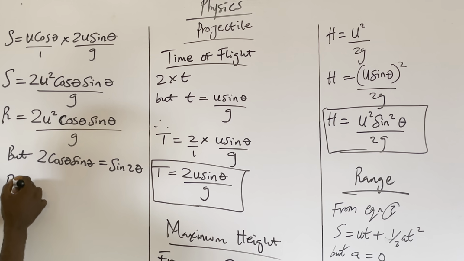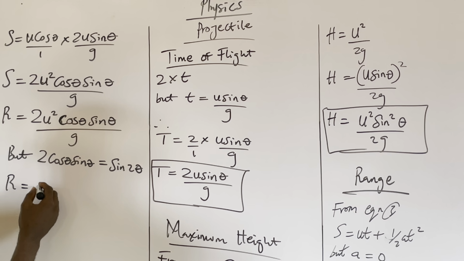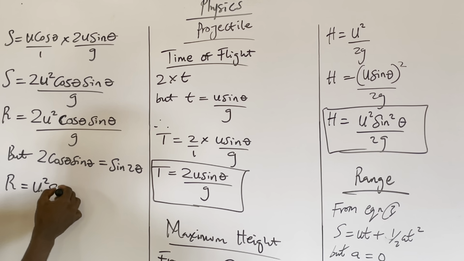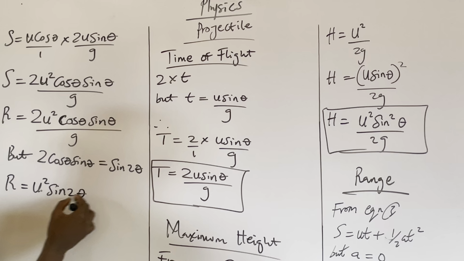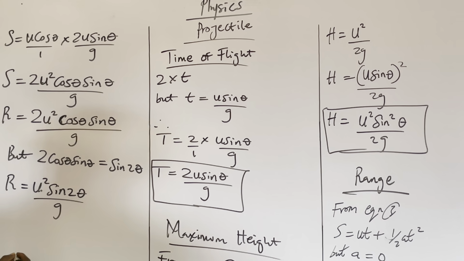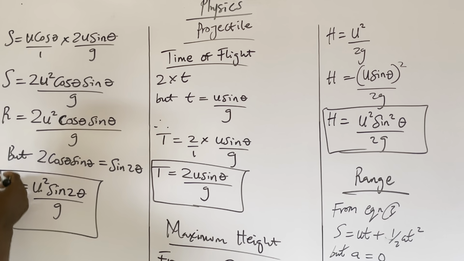We say R is equal to u squared sin 2 theta over g. R is equal to u squared sin 2 theta over g. This is our formula for range.